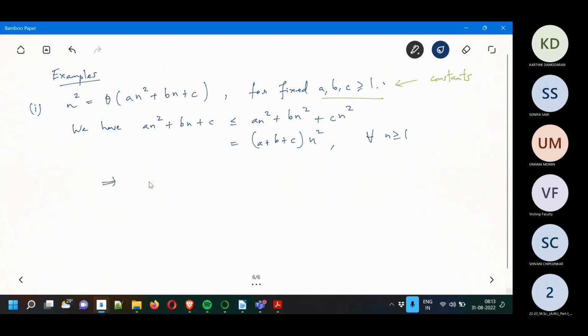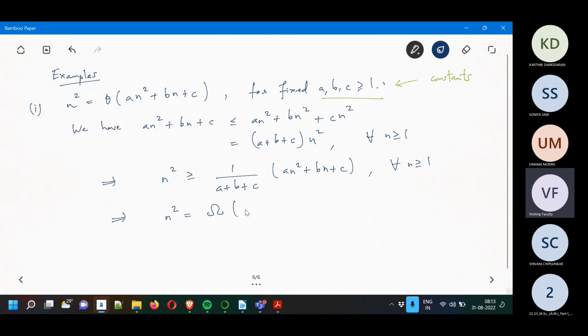So this means, okay, the way we have written, this means n square is greater than or equal to 1 upon, I mean, you can write it either way, but I'll write it as, which means n square is big omega. Okay. So you have bounded an square plus bn plus c in terms of n square.